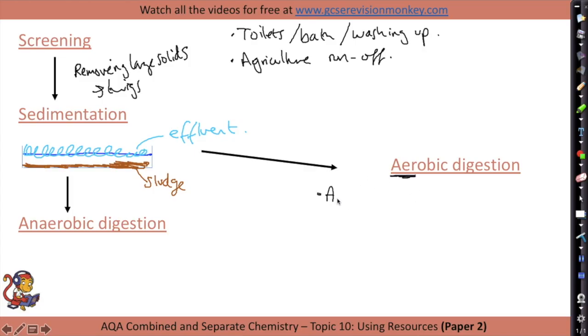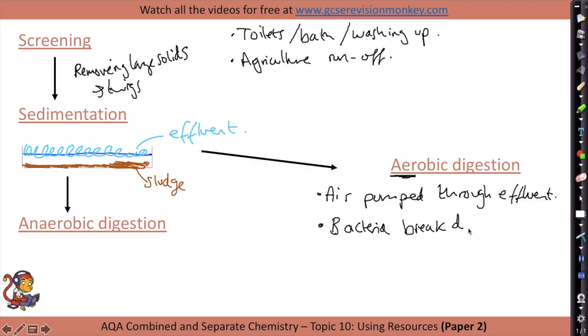So this top bit is removed from the tanks, and then air is pumped through the effluent, and this encourages bacteria to break down any organic matter. And then this is released back into the rivers.